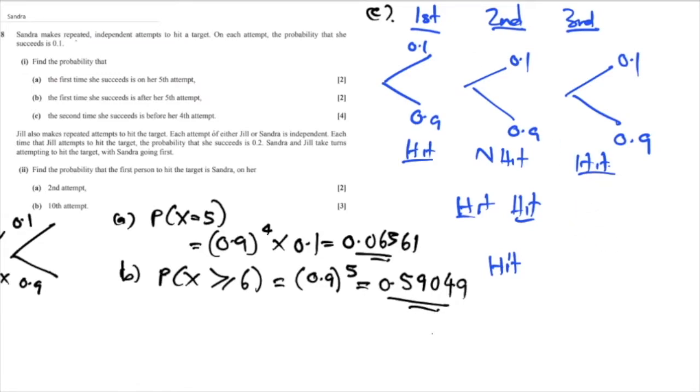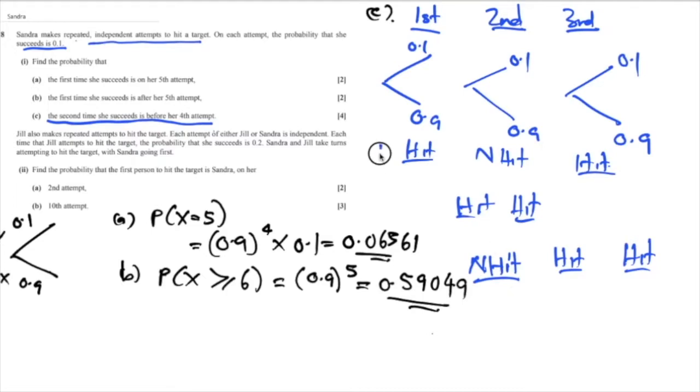The question says the second time she succeeds is before the 4th attempt, so it can be the second one, hit, and that's it. She doesn't have to do the third round. But what if she doesn't hit on the first one, but then she hits on the second attempt and hits again on the third? Do you get it?